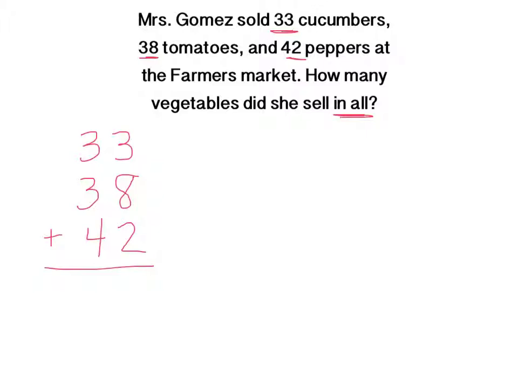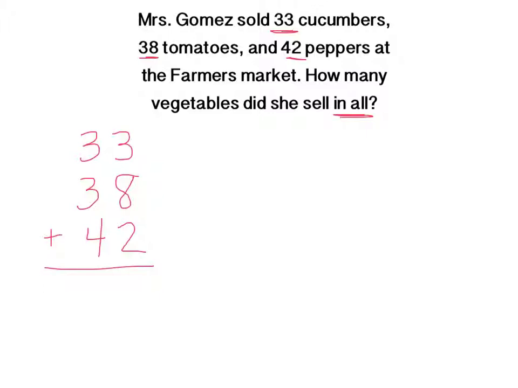Okay, see how I lined them up? I lined them up with my units all lined up and then my tens all lined up. You have to make sure that your place values are completely lined up before you add.